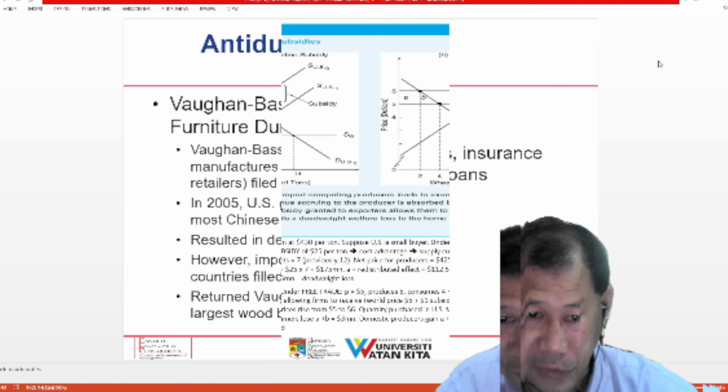However, imports from Vietnam, Indonesia and other countries filled the vacuum. It returned Vaughan Bassett Furniture to profitability and it is now the largest wood bedroom manufacturer in the United States.